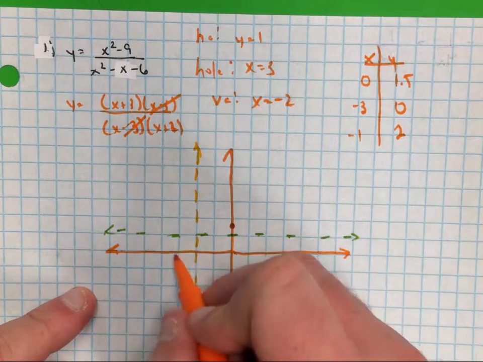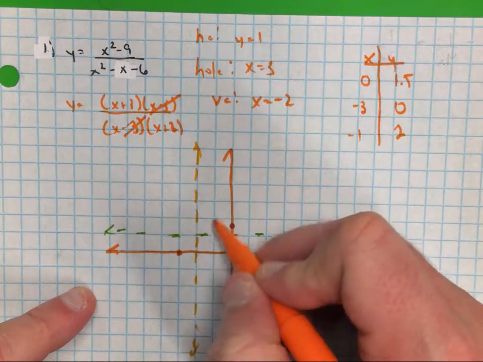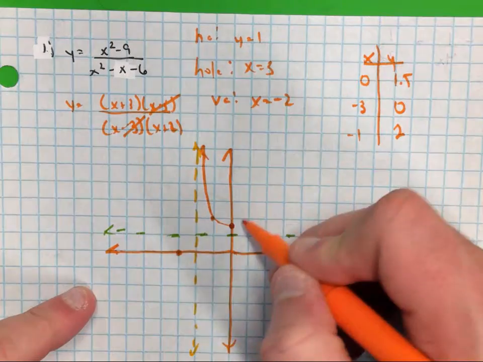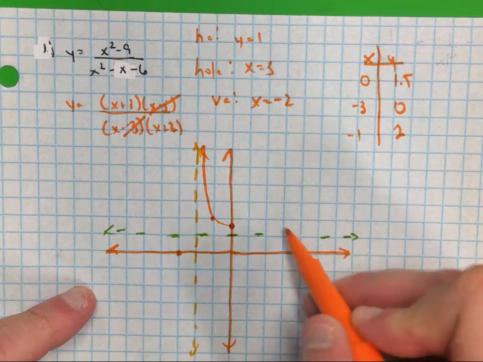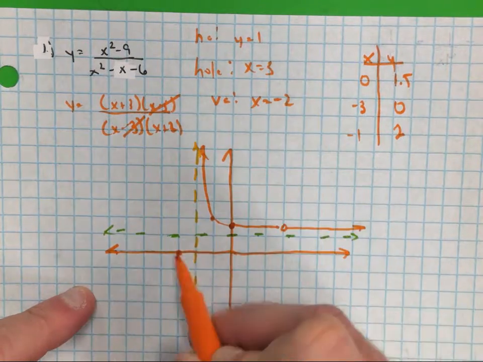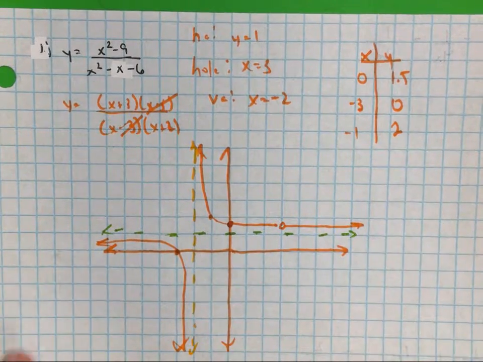Negative 3, 0. And negative 1, 2. Where's my hole at? X equals what? Go up 3, I'm going to just put a hole there. Please don't forget the hole. I'm going to remind y'all that tomorrow. And there's your graph.